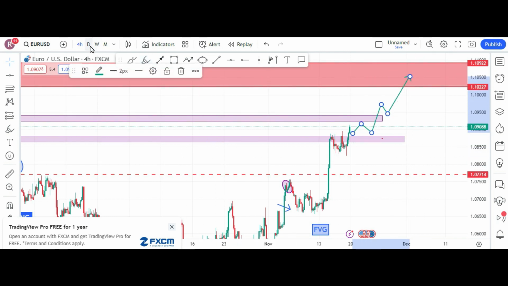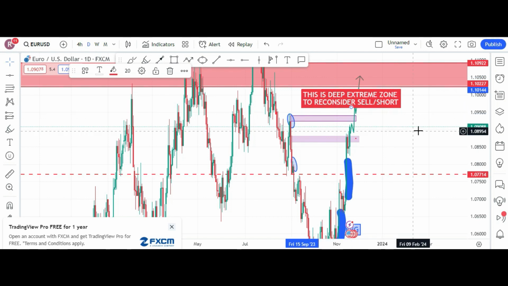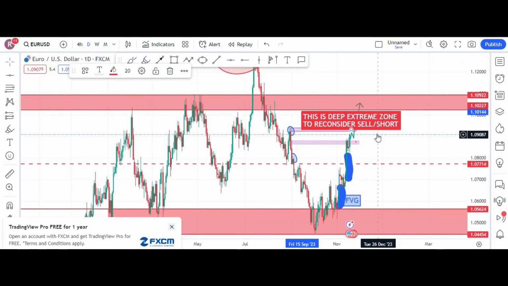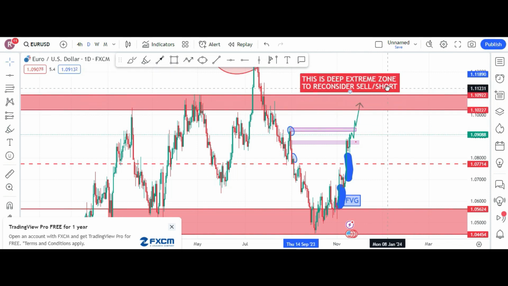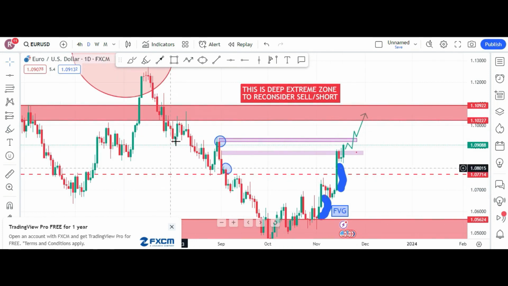And as far as the extreme zone is concerned, the extreme zone has shifted, because the extreme zone we'll consider is this guy, not the previous guy, rather this guy. And we have a very big, very good opposite color candlestick here, which may resist the price here.